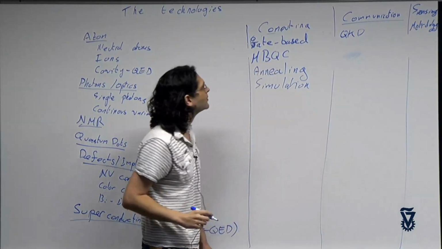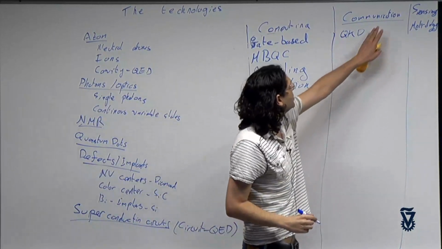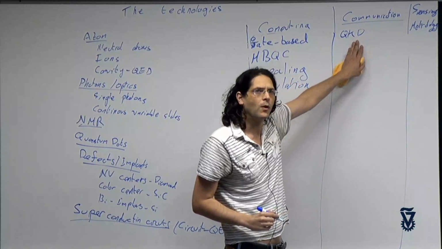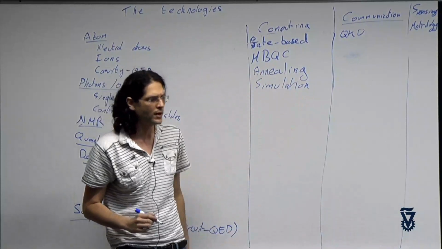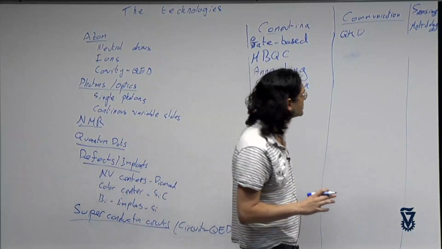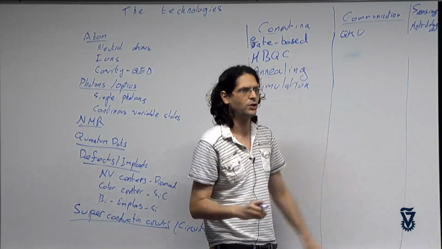Okay, there. So I was talking about communication in the sense of quantum key distribution and sending secure information from one point to the other. That's almost commercial nowadays. You can go buy this and set up your little secure link.